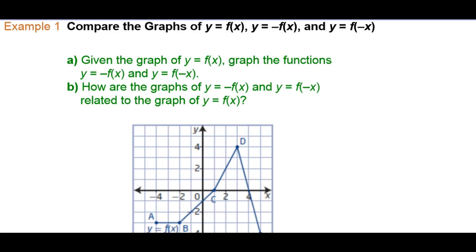This one right here is 3 and 4. And then our last point, E, is 5 and -4. Okay, so there's our x and y table.